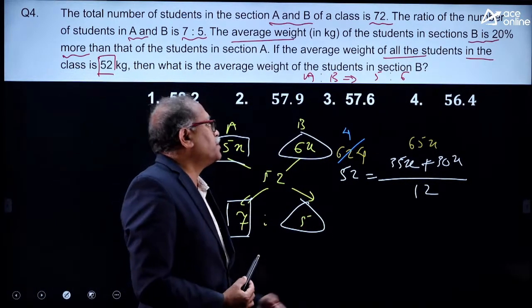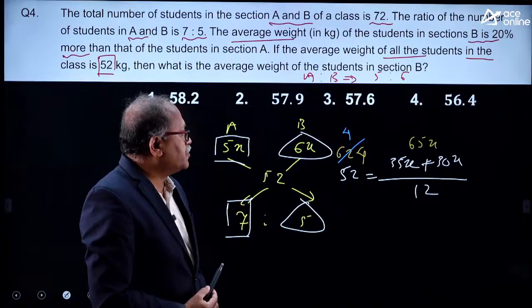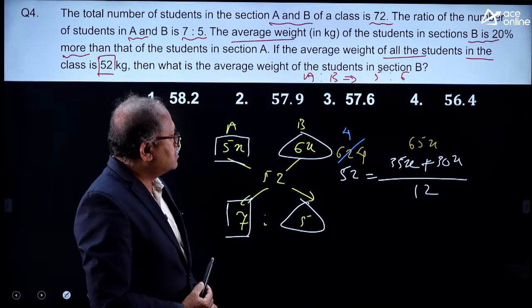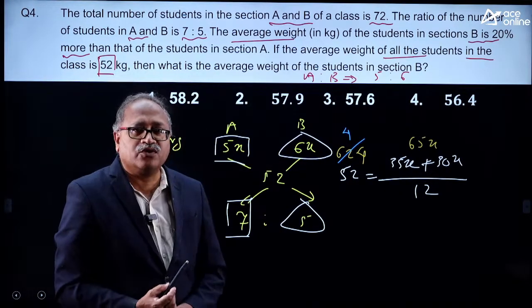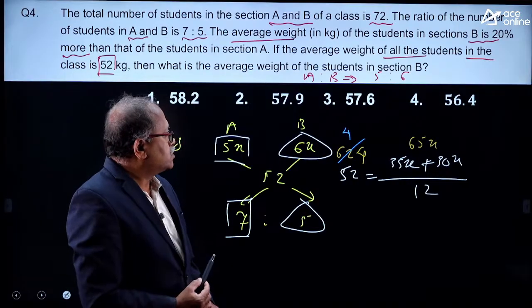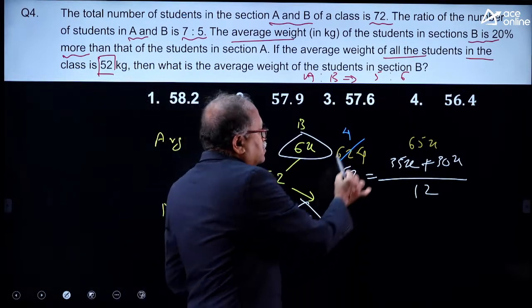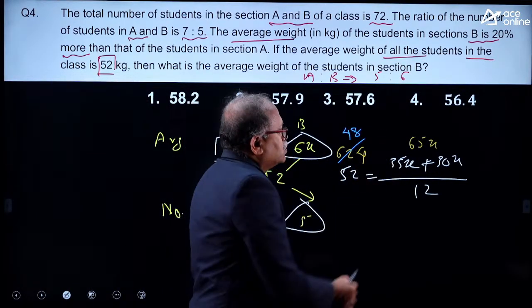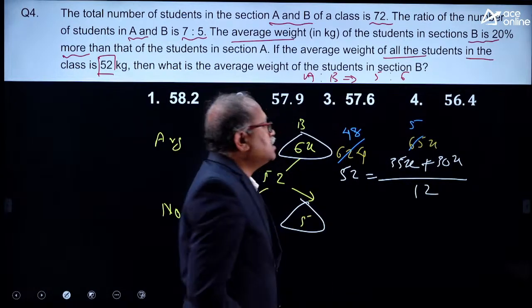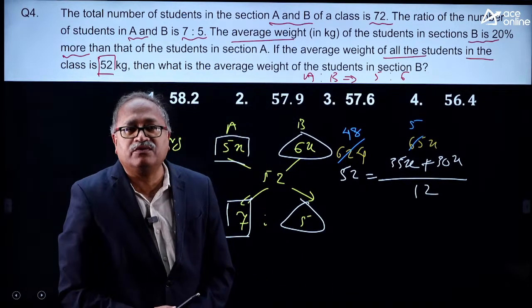I just got confused. 13 fours are 52, and the next one is 104, I think. 13 sevens, 13 eights, it's okay. So this is 5. So my answer is 48 divided by 5.